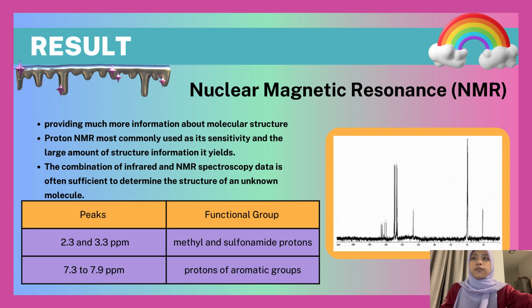The combination of infrared and NMR spectroscopy data is often sufficient to determine the structure of an unknown molecule. So, from the peaks that we got at 2.3 and 3.3 ppm, the functional groups they found are methyl and sulfonamide protons. Meanwhile, at 7.3 to 7.9 ppm, the functional group that they found is protons of aromatic groups.